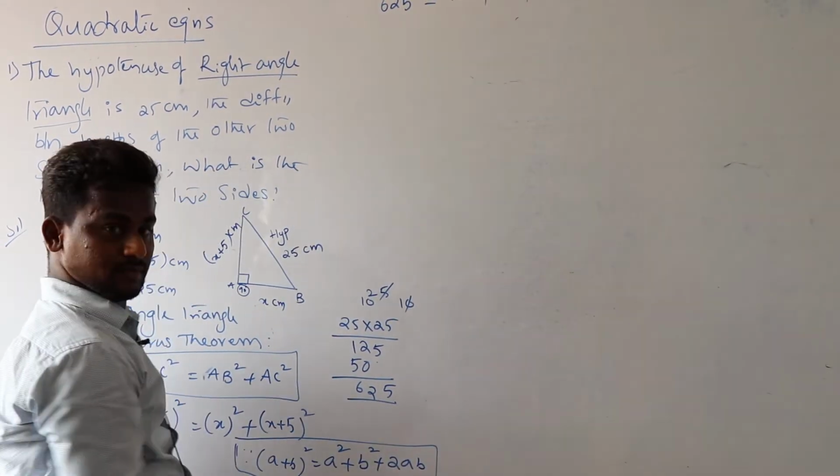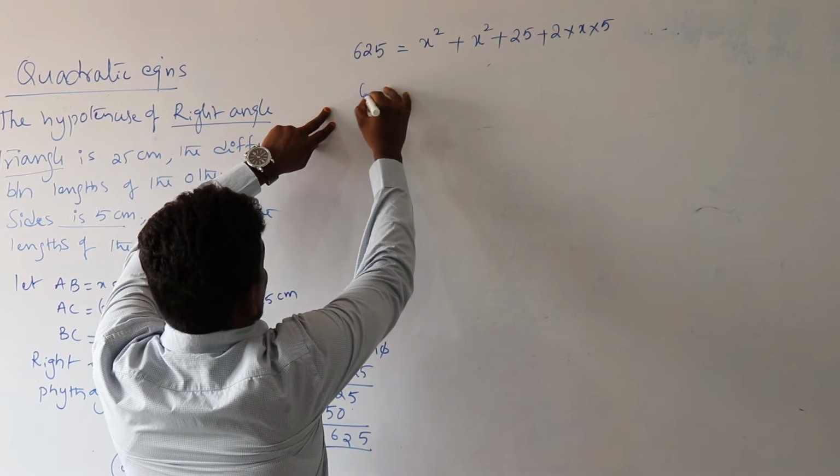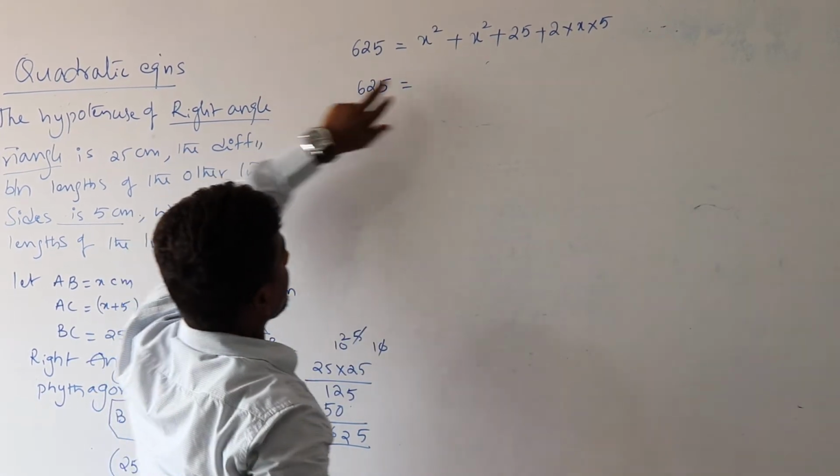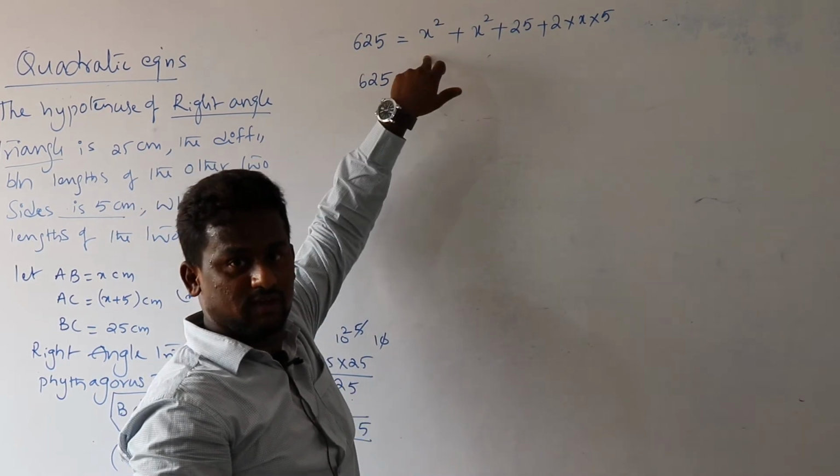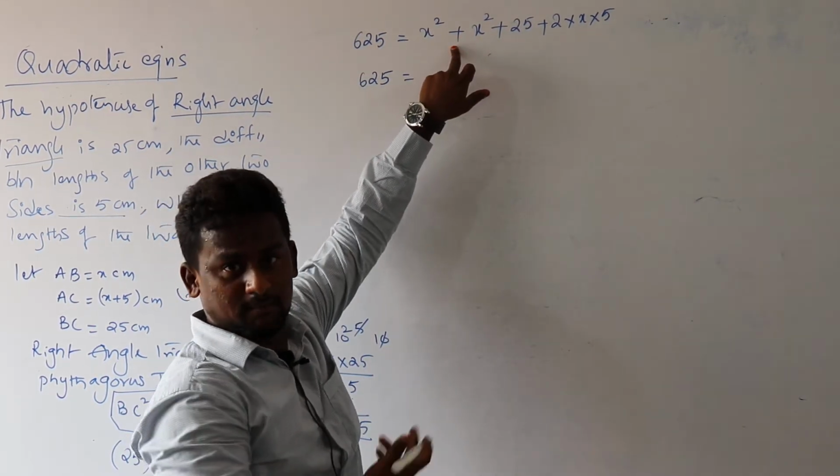This is the formula. Okay, now 625 equal to x square plus x square. Both are same variables. In between what is the symbol? Plus, addition.